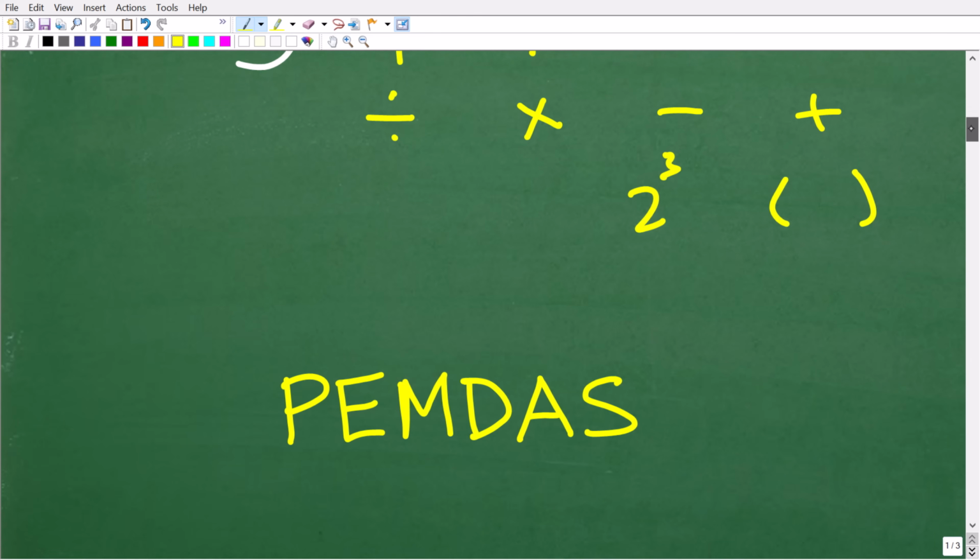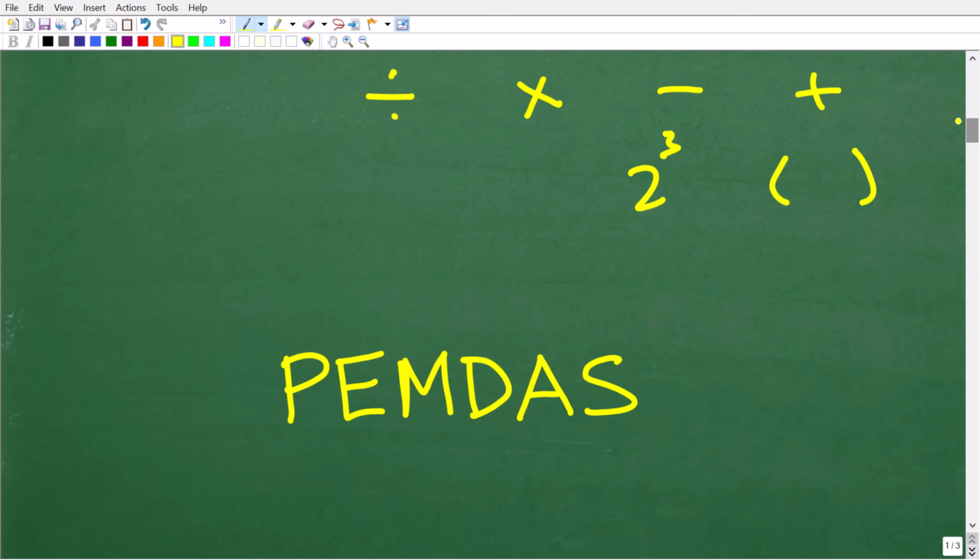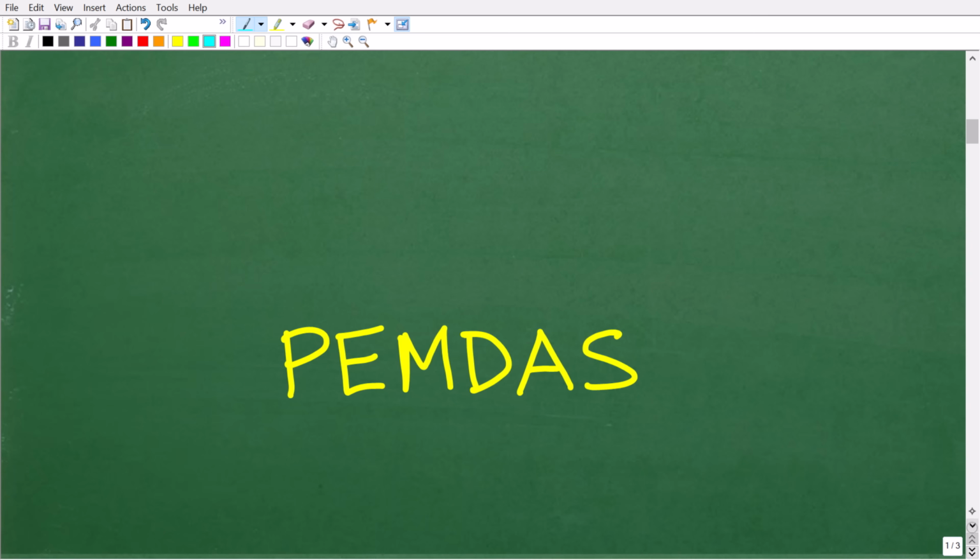And that brings me to this little phrase right here called PEMDAS. Hopefully you know about PEMDAS, and if you don't, I'm going to give you a quick crash course on the order of operations. PEMDAS is an acronym, but effectively it's a checklist that goes from left to right.